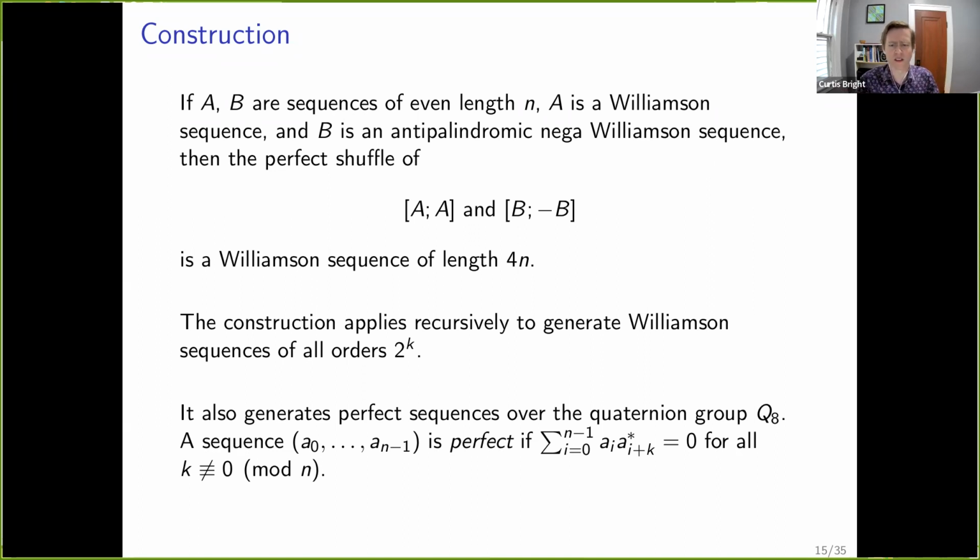It turns out if you just consider the real or complex entries instead of Q8, they don't exist, or there's only a finite number of cases which exist. And it was conjectured that this also holds over the quaternion group. And it turns out, because of this construction, that was incorrect, right? So we disproved this conjecture that we weren't even actually setting out to disprove, which was kind of nice.